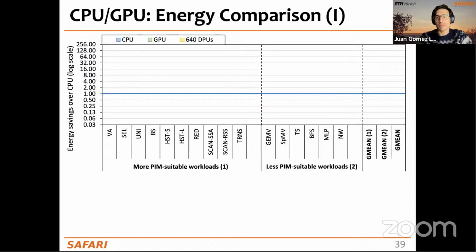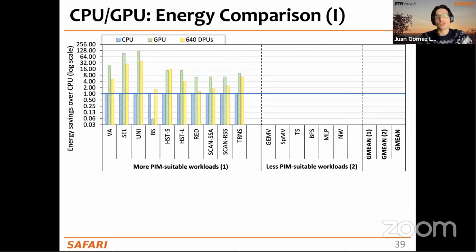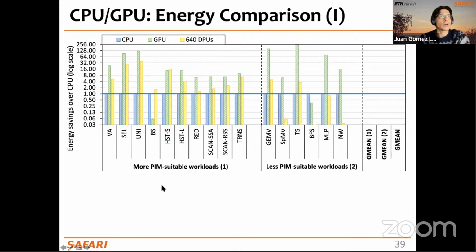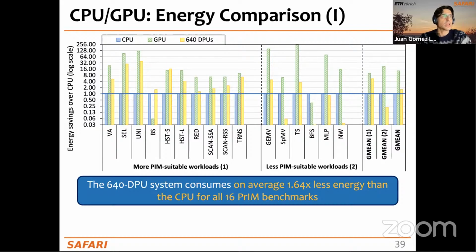We also ran some experiments to measure the energy. We could only measure the energy on the smaller UPMEM-based PIM system because of some technical difficulties in the largest system. But there are some interesting observations here that are quite in line with the observations in terms of performance.